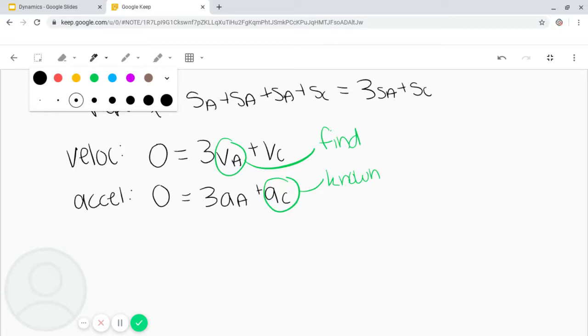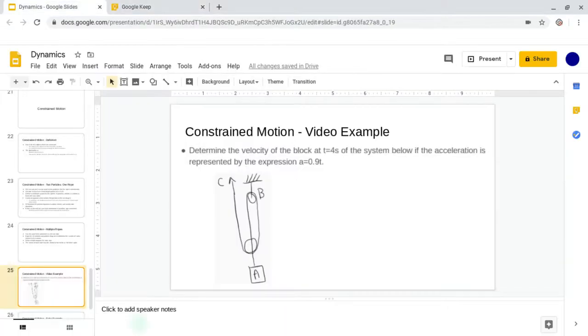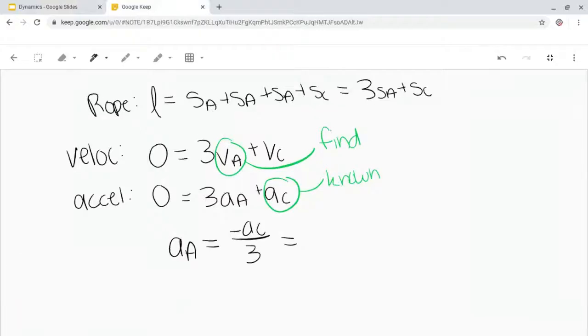So, of course, just basic algebra, acceleration of A is equal to negative AC over 3. And we know that AC is equal to, let's see, what is it here? 0.9t. So negative 0.9t over 3, which, of course, is equal to negative 0.3t.